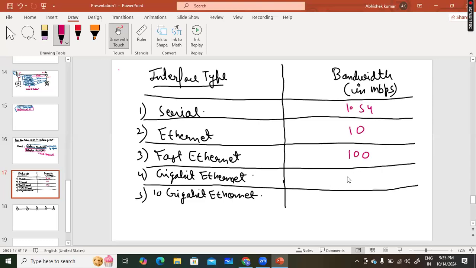For Gigabit, it's 1000 Mbps. And for 10 Gigabit, it's 1 lakh Mbps. Okay, these all are in Mbps. If you want, I can write Mbps in front of them as well.